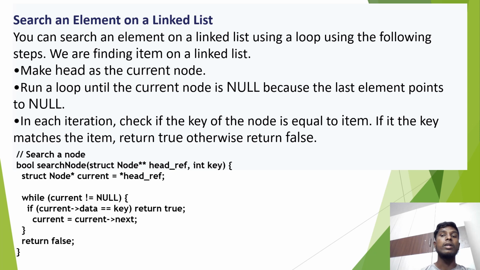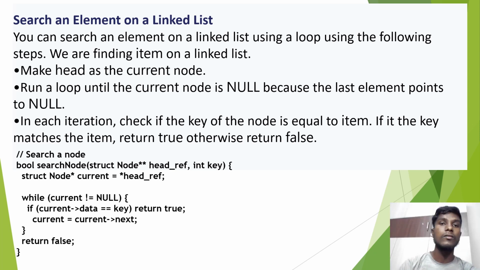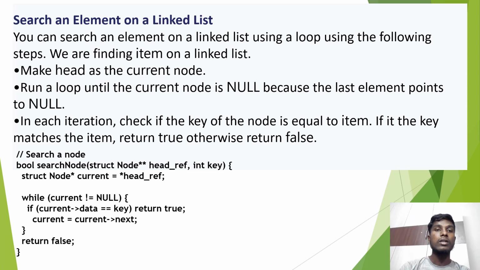Search for an element in a linked list. You can search for an element using a loop with the following steps. We are finding an item in a linked list. Make head the current node, and run a loop until the current node is null, because the last element points to null. In each iteration, check if the key of the node is equal to the item.